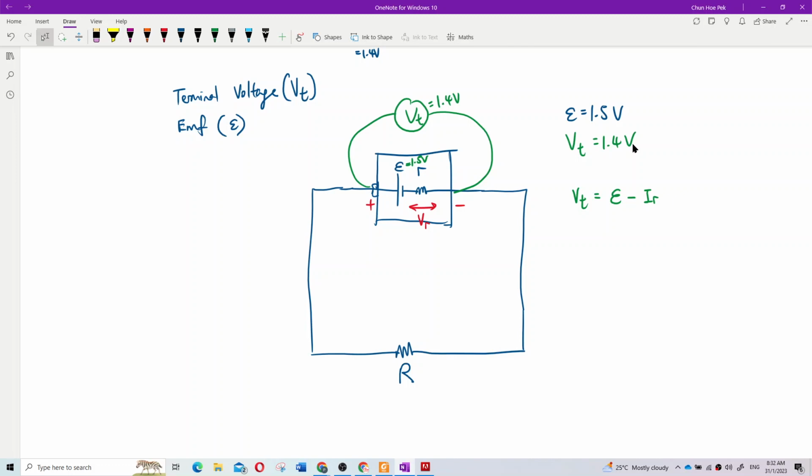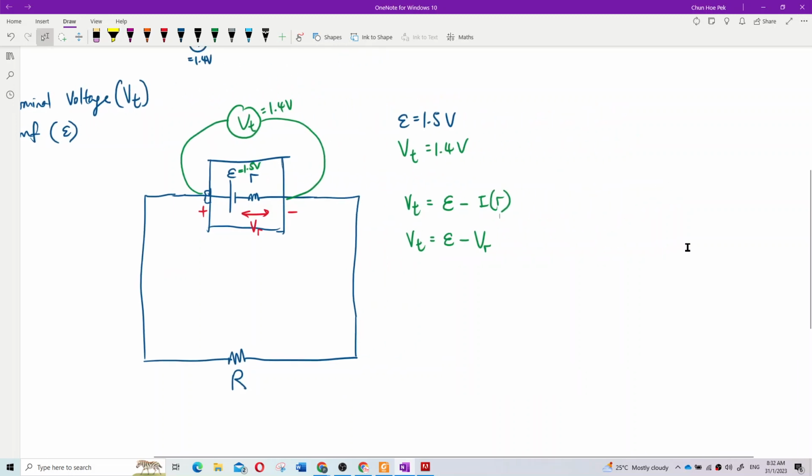Understand, class? Or we can say terminal voltage is EMF minus the voltage across internal resistance. This one is I multiplied by internal resistance. Let me write it down.